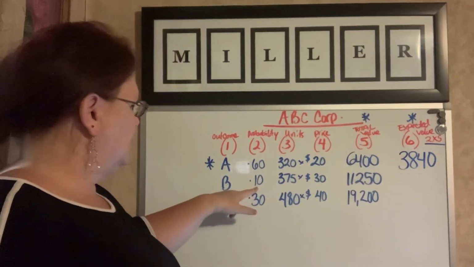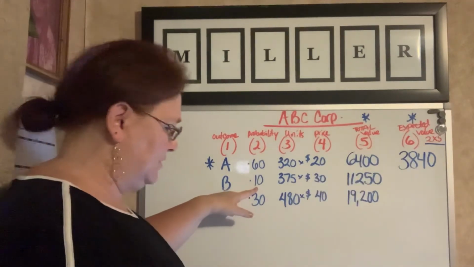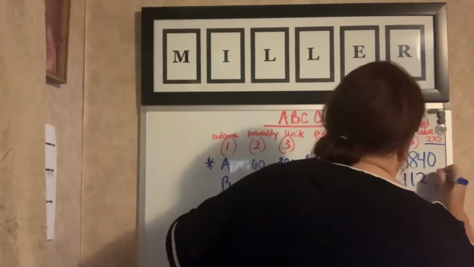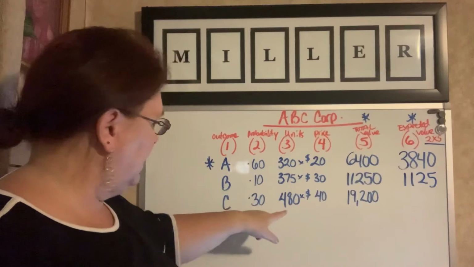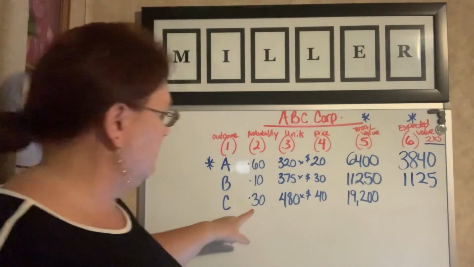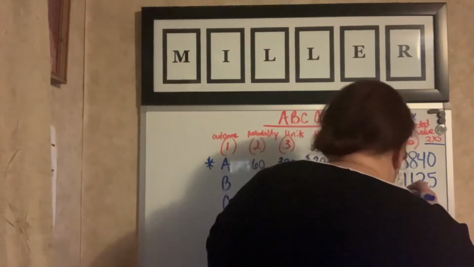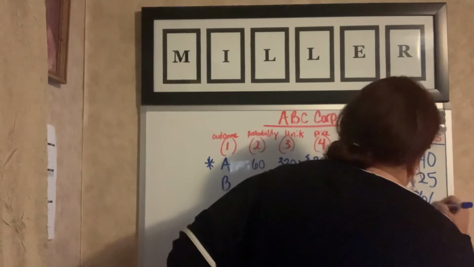In scenario B, you're taking 10% of 11,250, which is 1,125. Then the third one, you're taking 30%, multiplying it by 19,200, which should be 5,760.